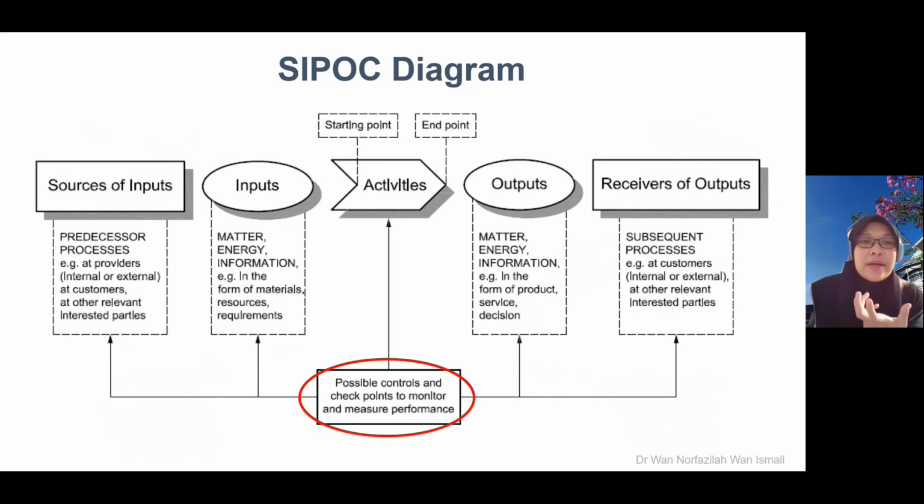So SIPOC diagram is a short version of source, input, process, output, and customer. So you need to fulfill everything under these sources, input, activities, process, output, and customers. You fulfill all the requirements, then you can say that you achieve the quality management system.